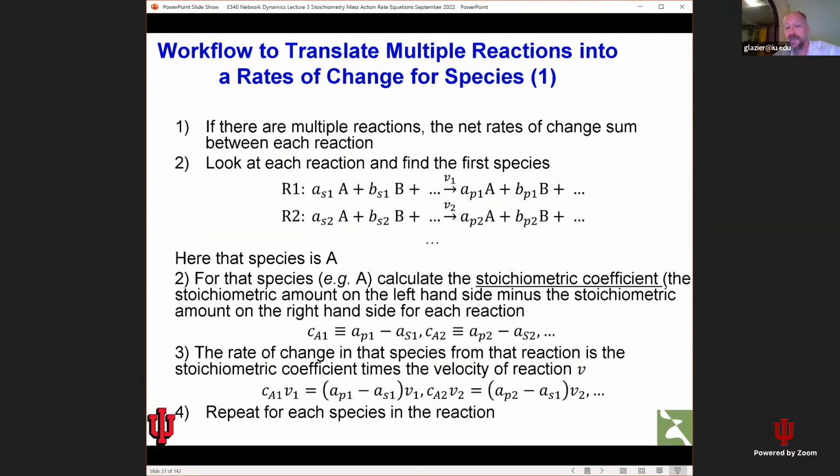And then we do the same thing for V2. And then for the net for A, we just add them up. And Antimony will do all of that automatically. It's designed to add up things like that when you write them in the arrow format.